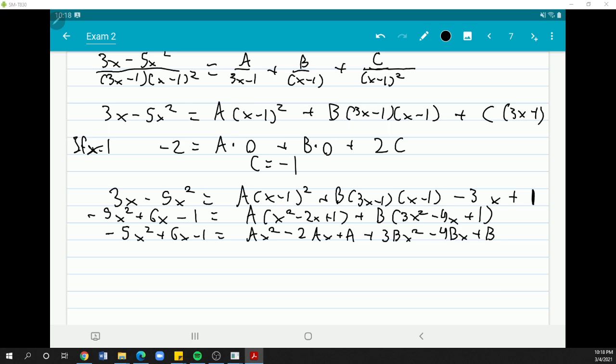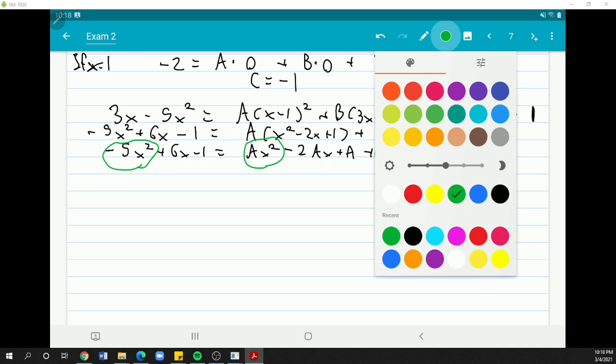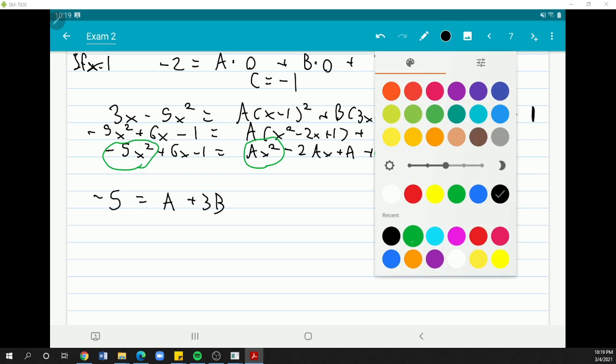Okay. So now we have the system of equations. So how do I pick these things out? I look at all the x squared stuff, and so I get minus 5 is equal to a plus 3b. That's from the stuff in green.